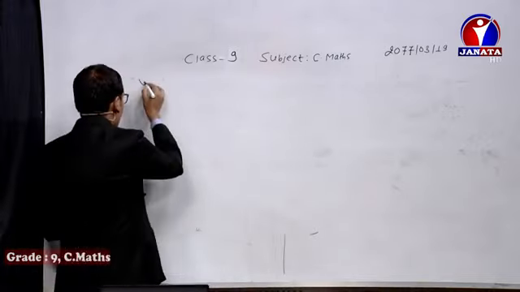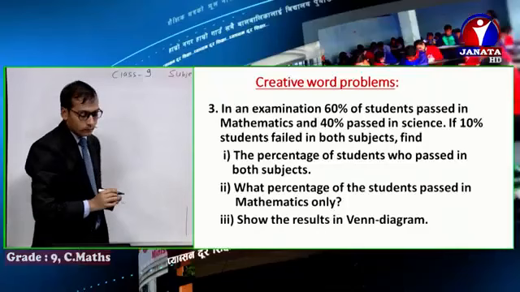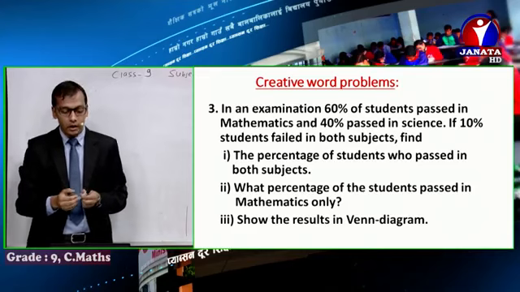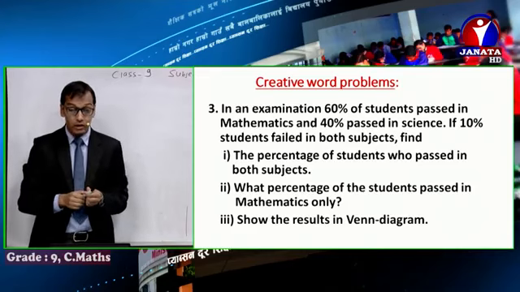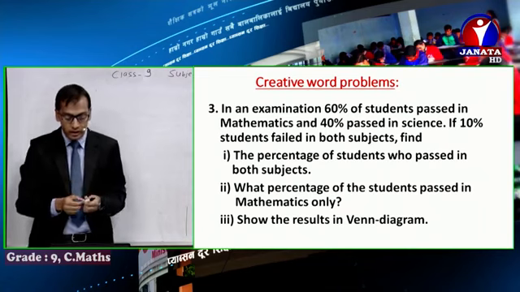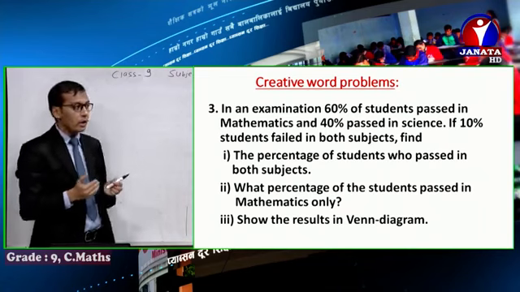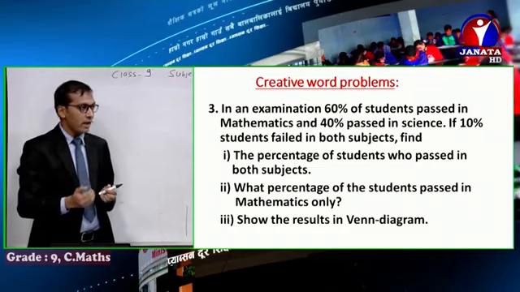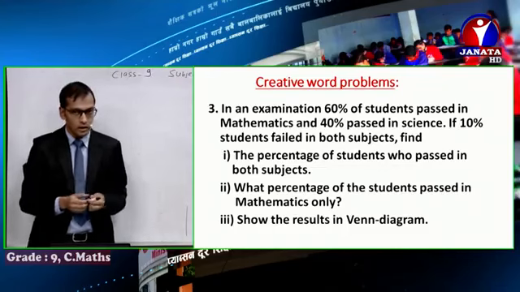Let's read the question and write the information that is given in the question. In an examination, 60% of students passed in mathematics, 40% in science, 10% of students failed in both subjects. There are some questions. So here the question talks about two different subjects, which are mathematics and science, and it is in terms of percentage.